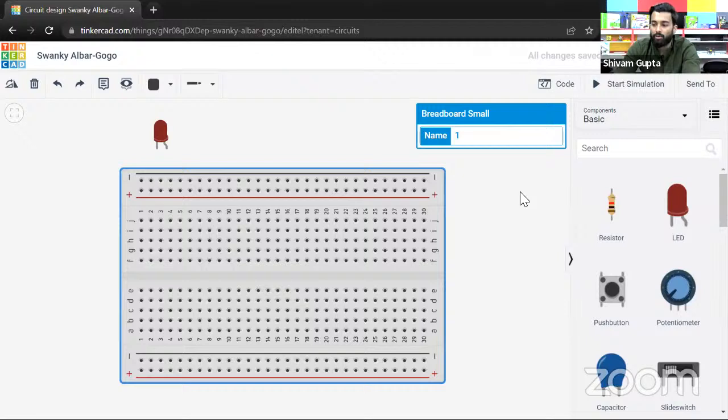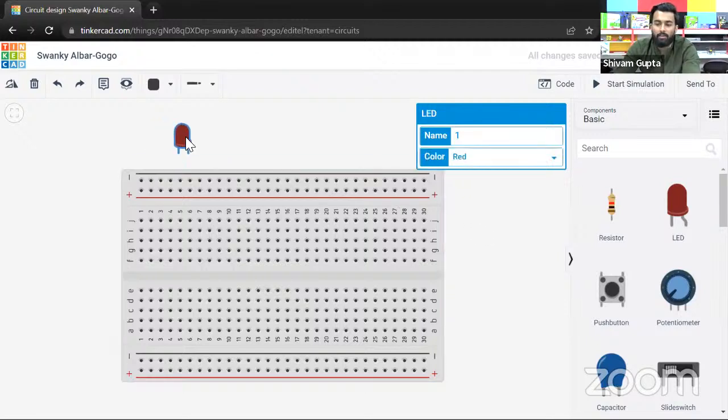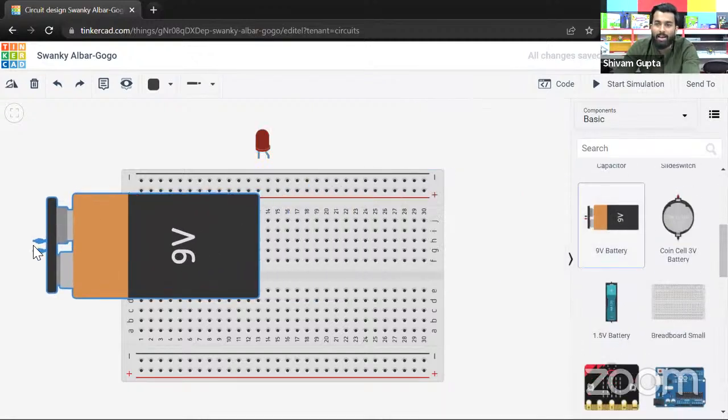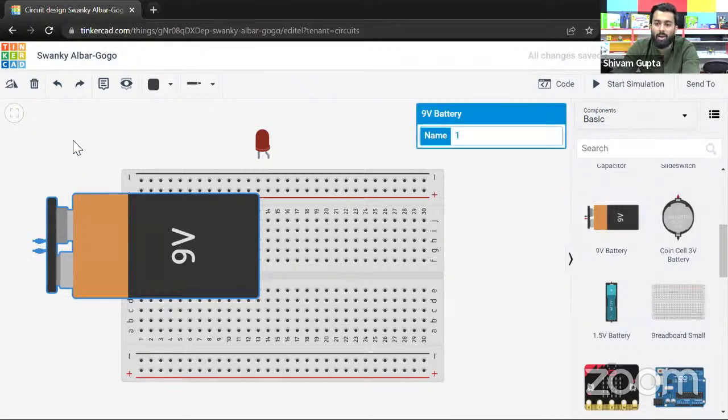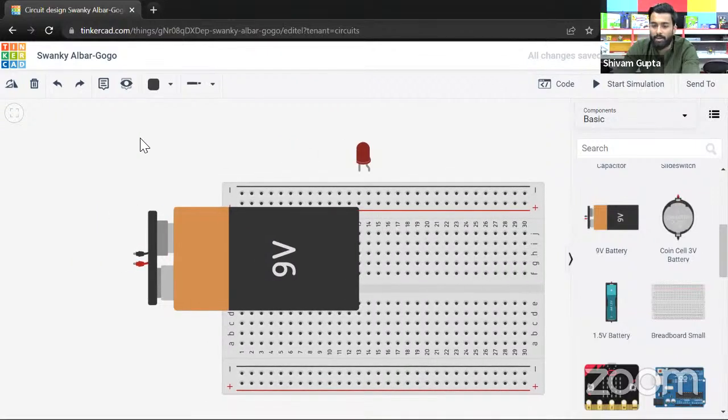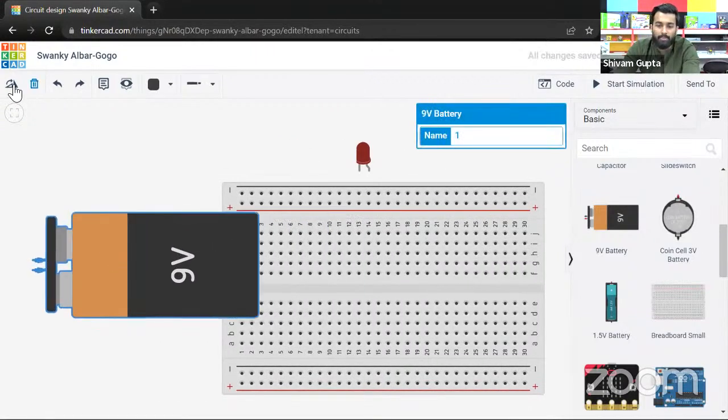Okay, so our task is to glow the LED, right? So for glowing the LED, we need a battery, right? So let's take a battery. So here we have a 9-volt battery. I hope you all have seen a 9-volt battery, right? There are several batteries of different brands.